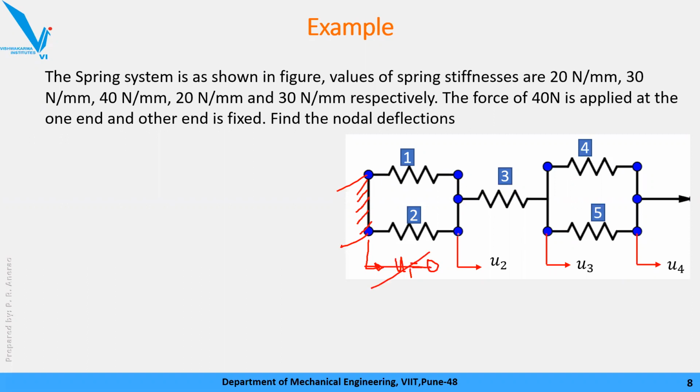We would like to know how much displacement there is. I'll denote it by u2, u3, u4, because the numbers of nodes are like this: 1, 2, 3, and 4. So we'd like to know the displacement of these points 1, 2, 3, 4. Of these, 1 we already know, it's easy, it's fixed, so it becomes 0.